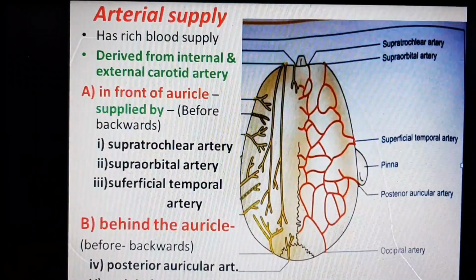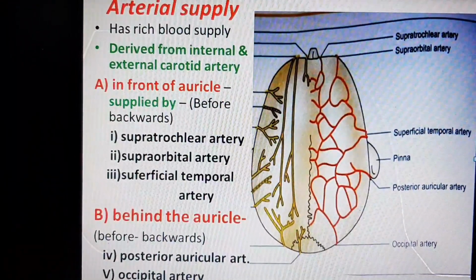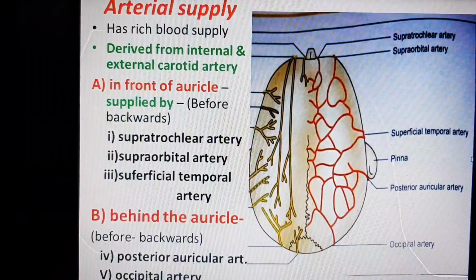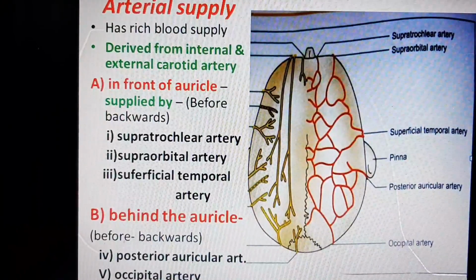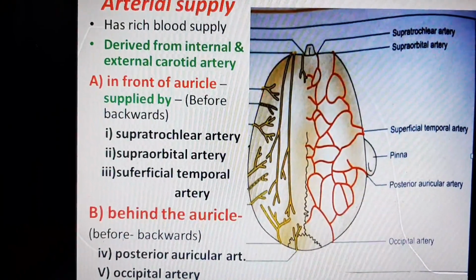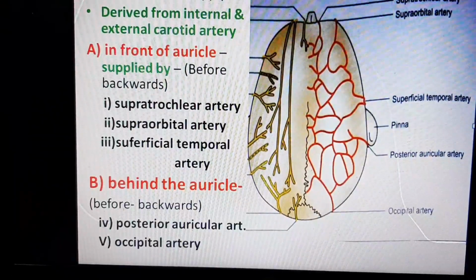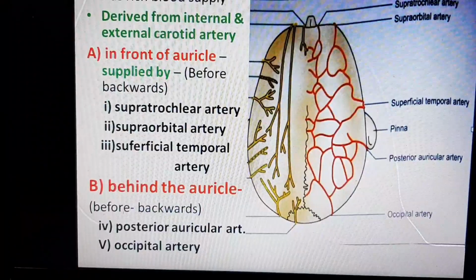Now coming to the branches. The scalp is supplied by the supratrochlear artery, supraorbital artery and superficial temporal artery. These arteries supply scalp in front of the auricle, and the posterior auricular artery and occipital artery. These two arteries supply the scalp behind the auricle.